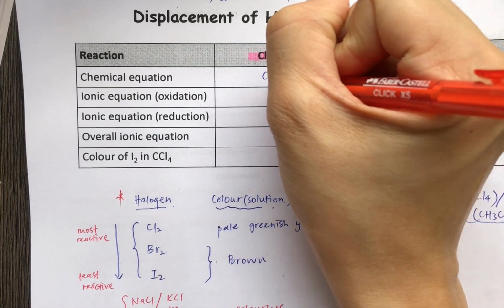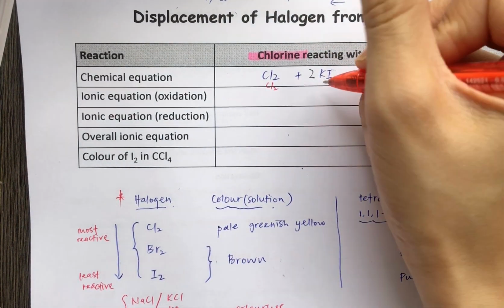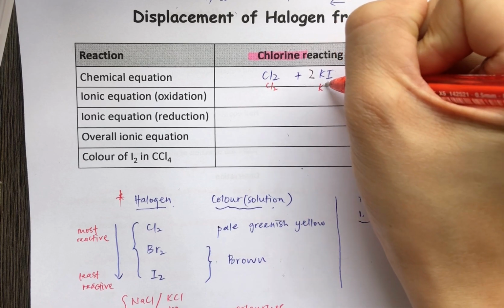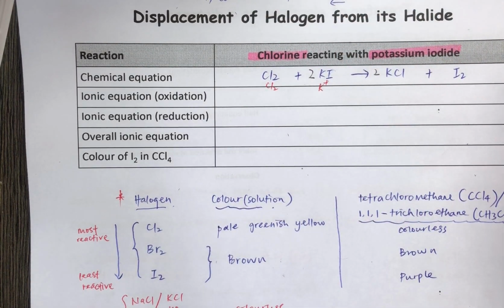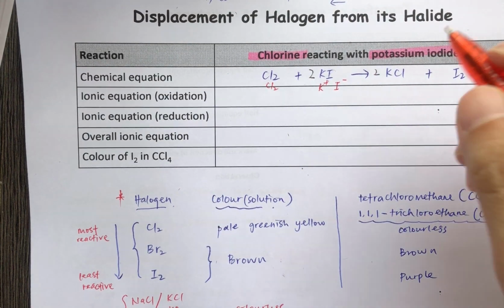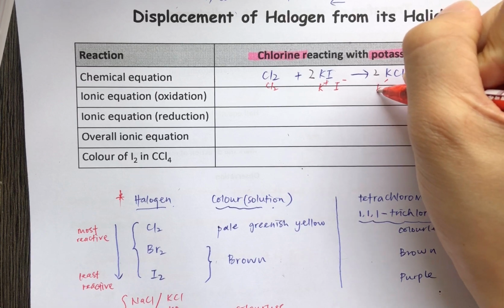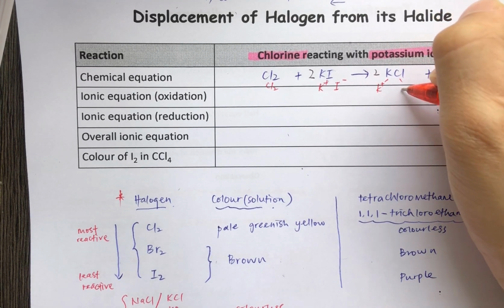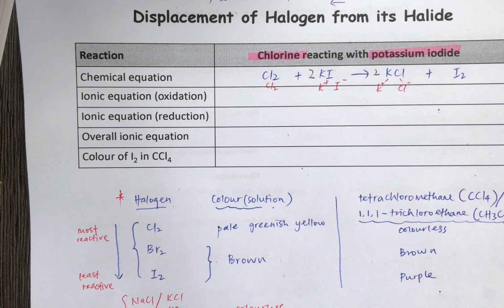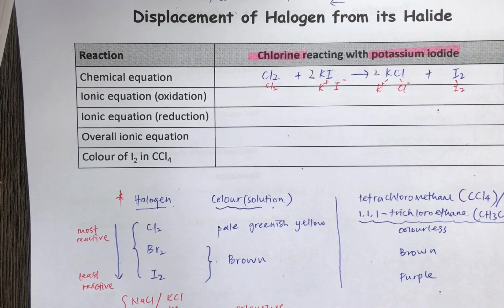For potassium iodide, I'm going to split it into K plus and I minus. Next I have KCl, also an ionic compound, so I can split it into K plus and Cl minus. The last one, iodine, is an element, so I'm just going to leave it as iodine.